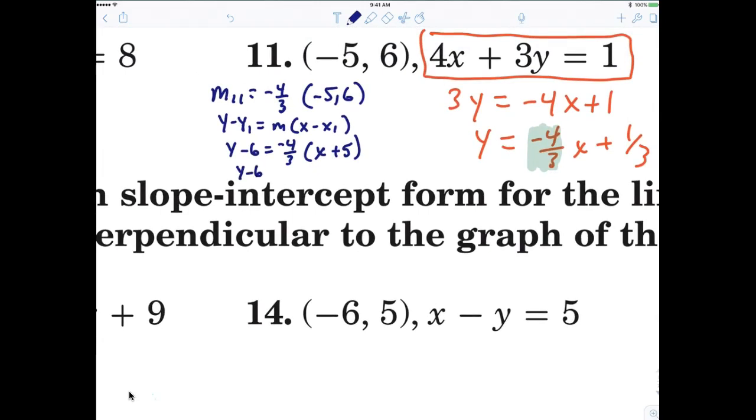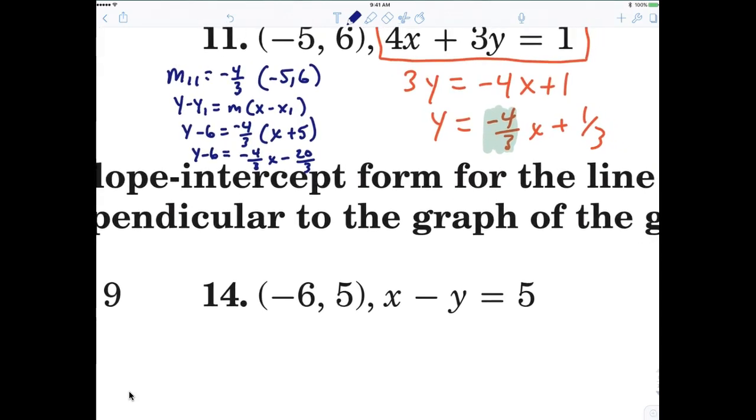Y minus 6 equals negative 4/3 x minus 20/3. Now remember, it's 20/3 because I just multiplied 4 times 5 is 20 and then divided by 3. Now, your final answer is to add 6.